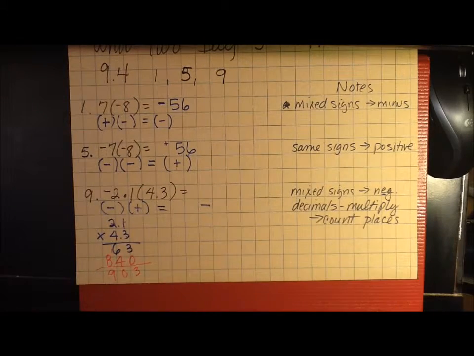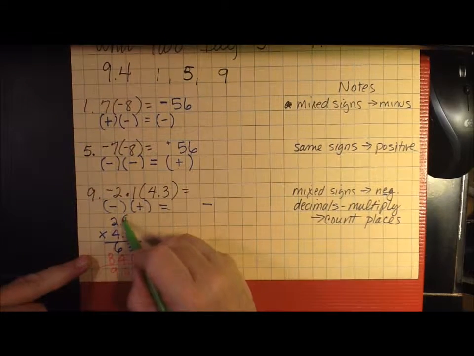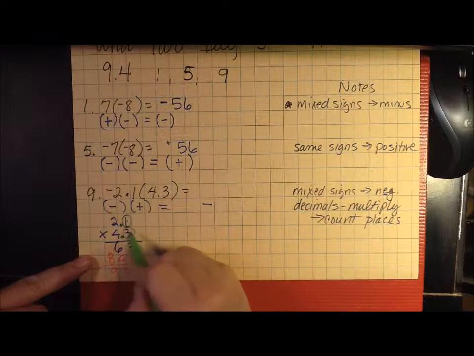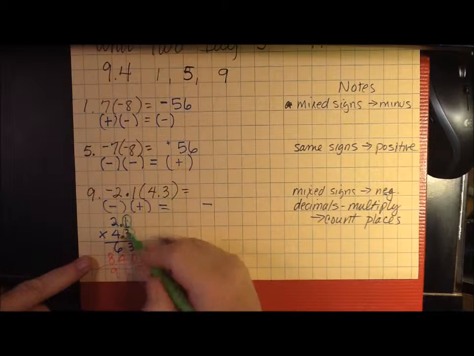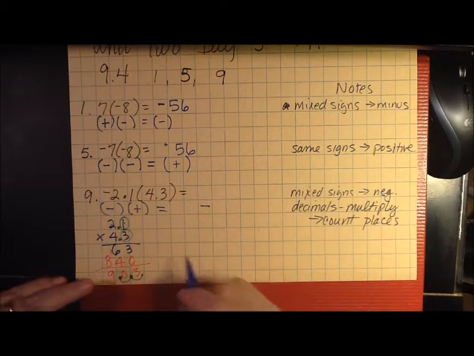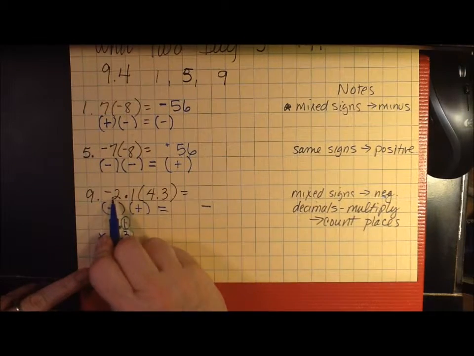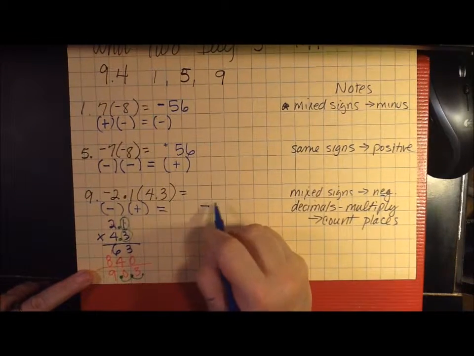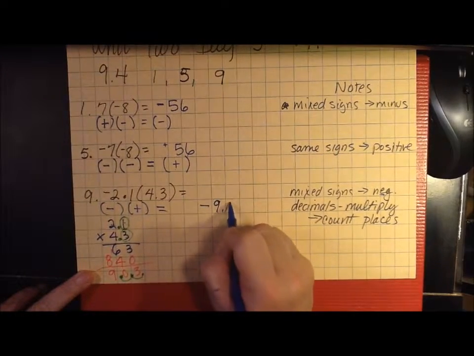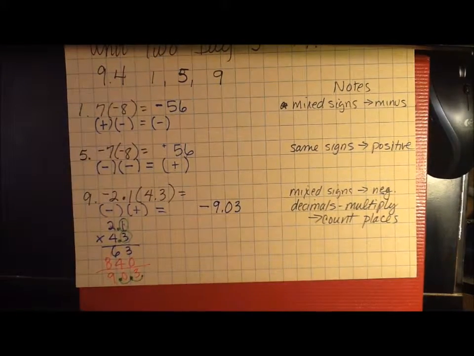Well, remember, when you're multiplying decimals, you're going to count up how many places were to the right of the decimal points. In this particular case, there were 2. So I'm going to start here and say 1, 2. So my answer is, going back up here, a negative times a positive made my answer negative, and my answer is negative 9.03.